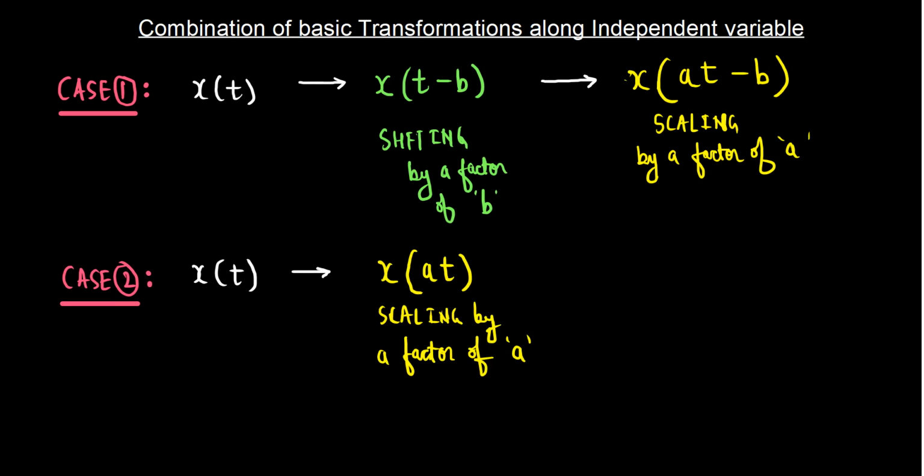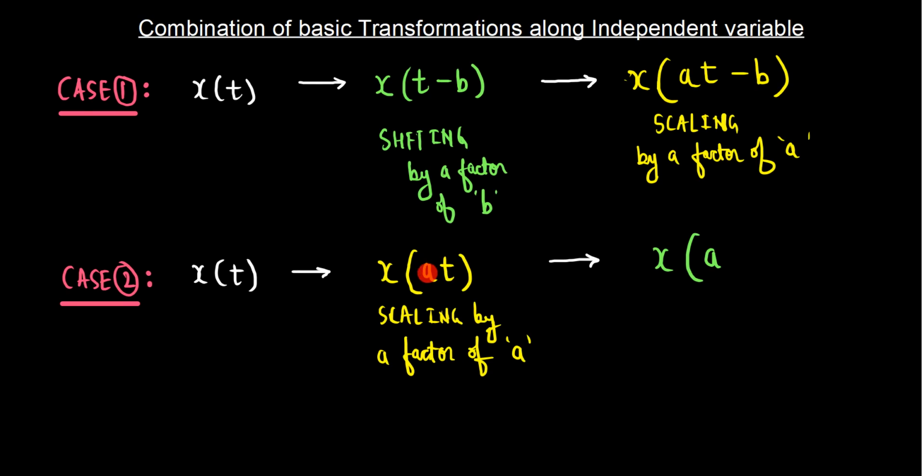Next, let's now shift the signal. We are doing the shifting operation after the signal that was obtained after scaling. So the resultant signal will be x of A. Well, you should note here that the shift is being done to the independent variable, that is t here.